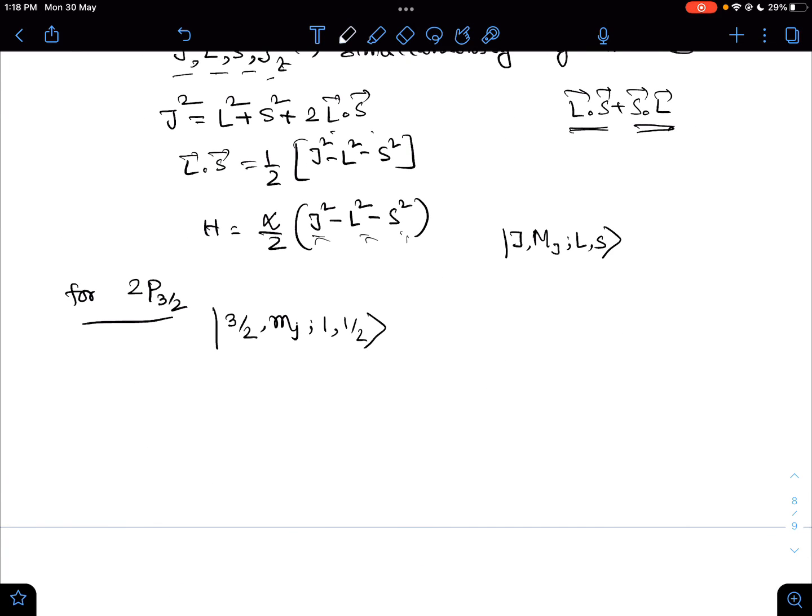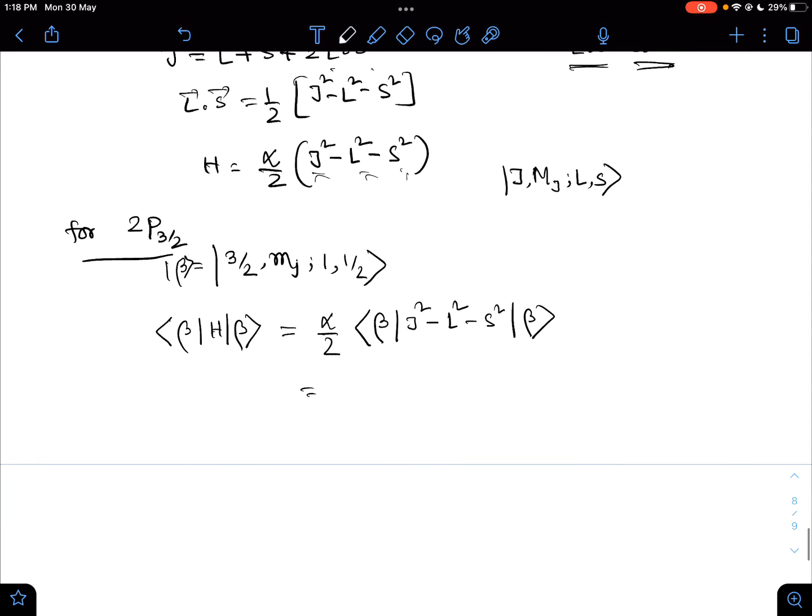So what will be the energy for this state? Let us denote this state by β. So ⟨β|H|β⟩ is α/2 ⟨β|J² minus L² minus S²|β⟩. The eigenvalue of J² is J(J+1), L is 1 so L(L+1), and S is 1/2 so 1/2 into (1/2 plus 1), times ħ².